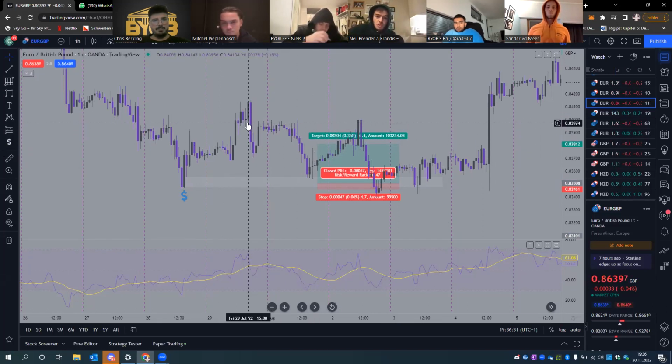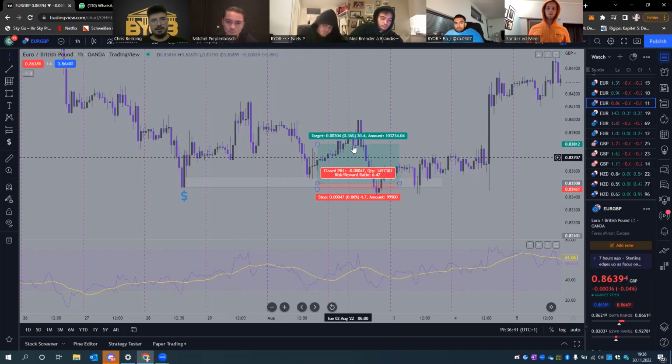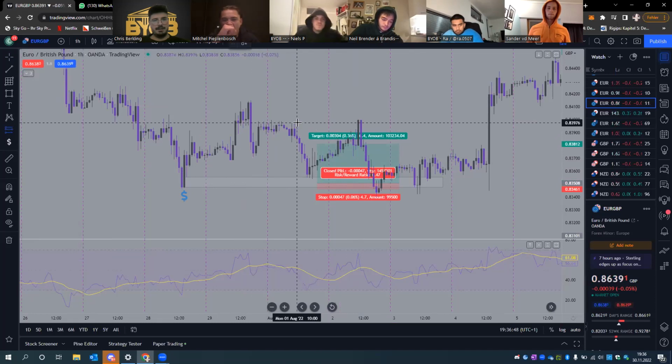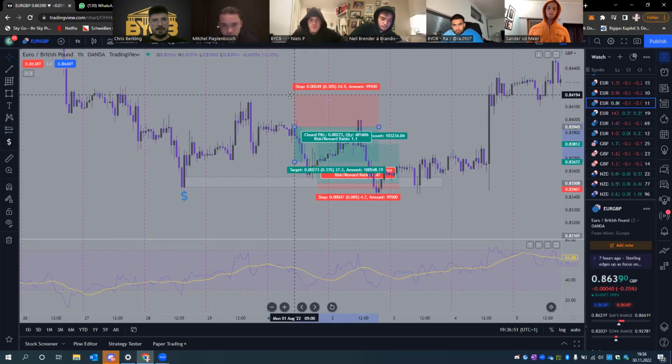For example, this is the higher high, higher low, and it broke the structure and created a new low. Maybe people didn't get in yet, but then it went even lower and people got in on a retracement. So let's say people started selling at this price level with the stop loss above the last significant high.